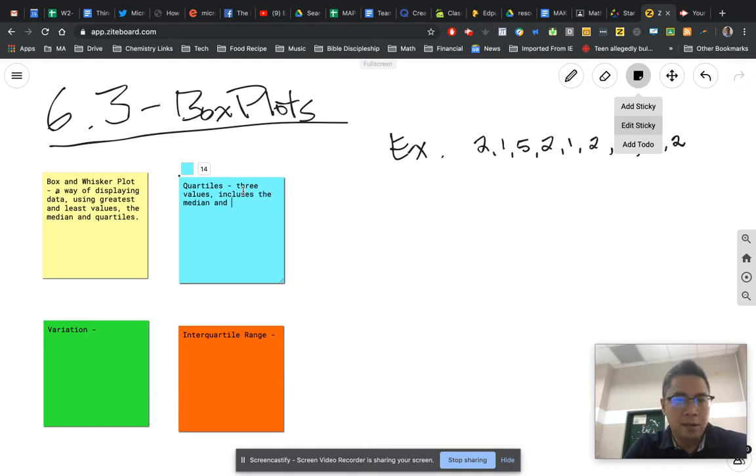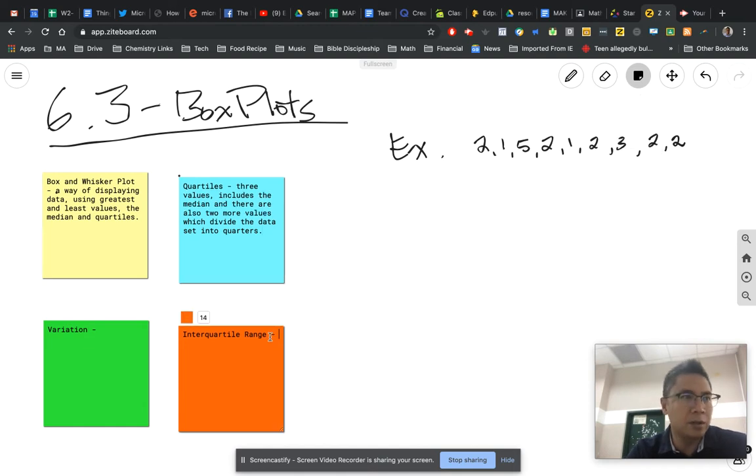And there are also two more values which divide the data set into quarters. And when we actually do it, you'll see what I mean. I'll refer back to this definition.